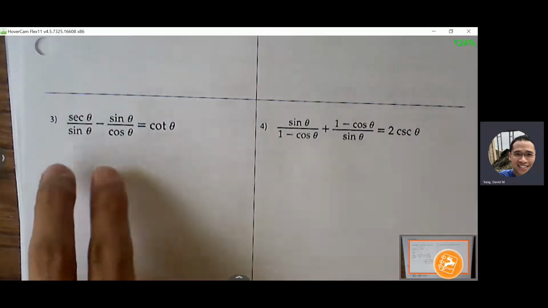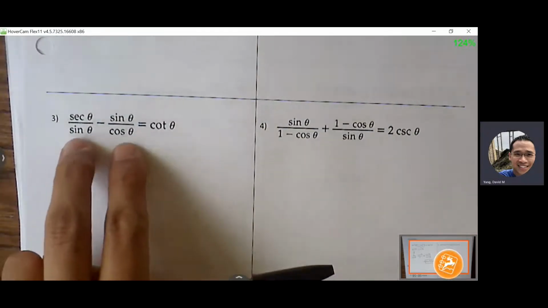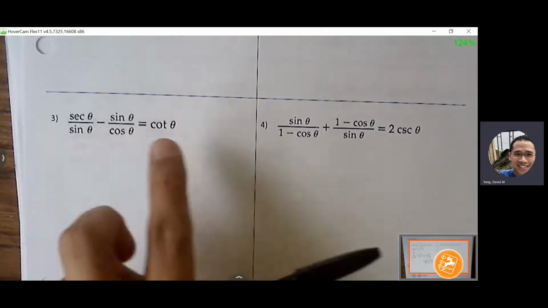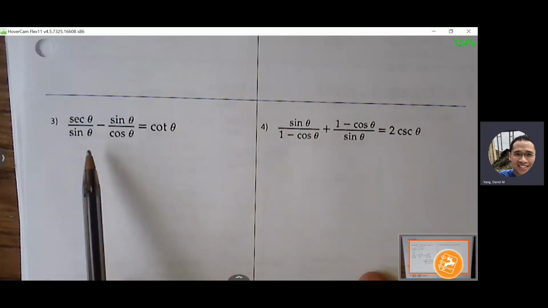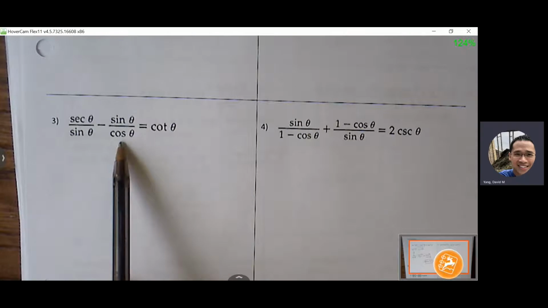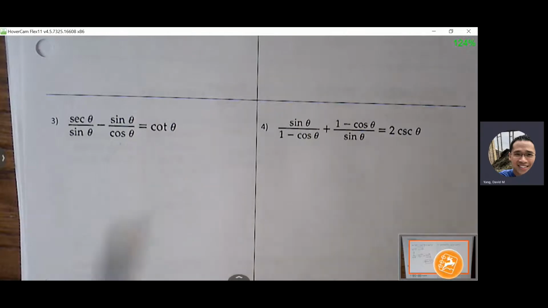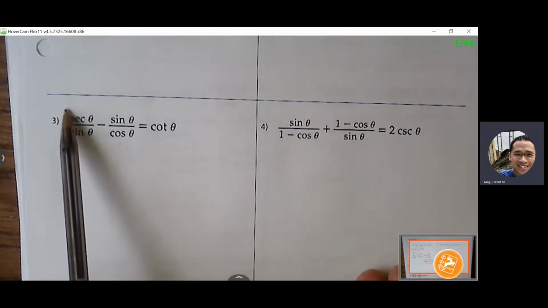So number 3, I see 2 terms on the left, but I see 1 term on the right. That's a big hint that we probably want to do common denominators, right? We have an easier time putting things together if I can have everything under 1 fraction. So some of you jump into finding common denominators, which is fine. For me, I was a little worried about that secant.